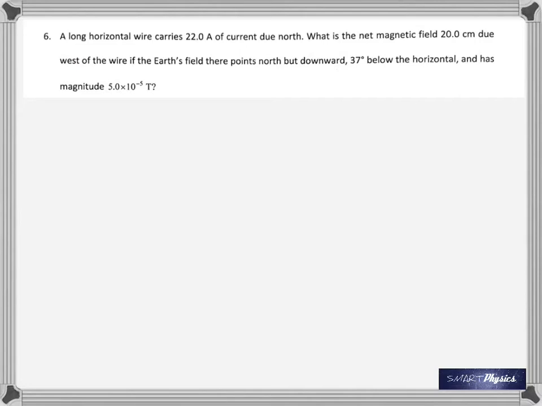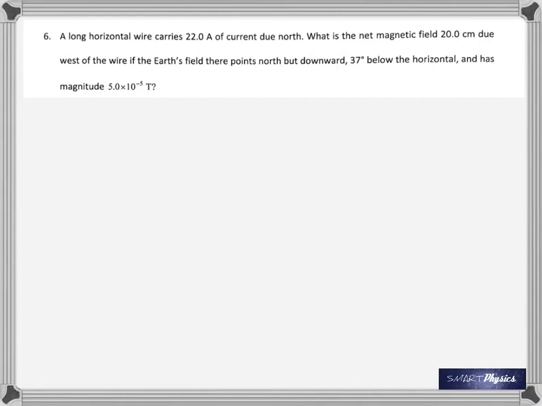And at that point, now there are two magnetic fields, because you have the Earth's magnetic field there, and the problem says the Earth's magnetic field is pointing north, but down 37 degrees. So can you visualize that? So that's the Earth's magnetic field, and on top of that, you have the magnetic field due to the current in the conductor.